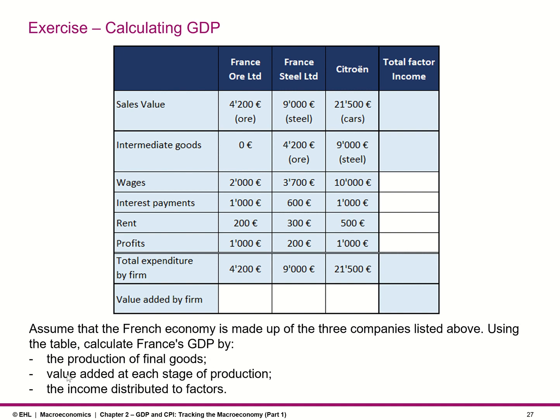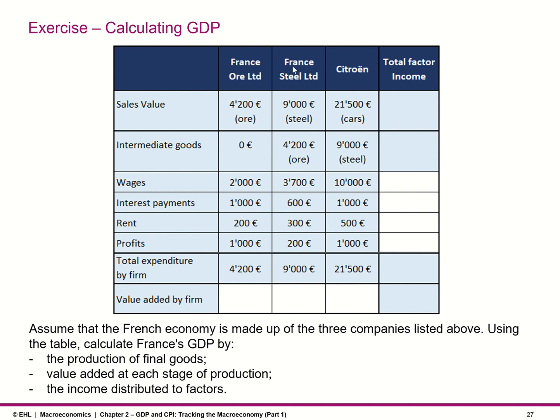Now, if you calculate this according to the value added at each stage of production, you would calculate the value added by each firm. Let's take France Ore. France Ore is extracting raw material, so it doesn't consume any intermediate goods, and the sales value is 4,200. So the value added by this company is simply the sales value. For France Steel, it's a bit different. The sales value is 9,000 euros, but you need to deduct the consumption of intermediate goods.